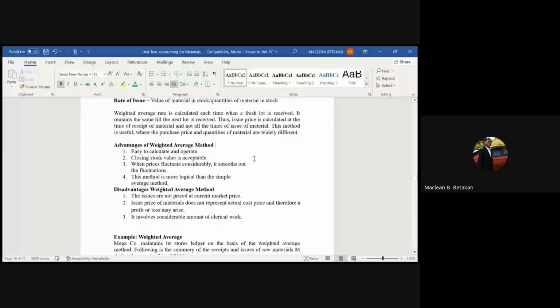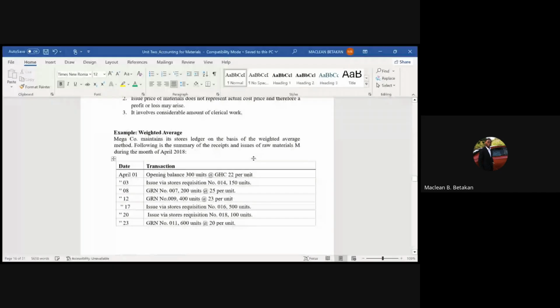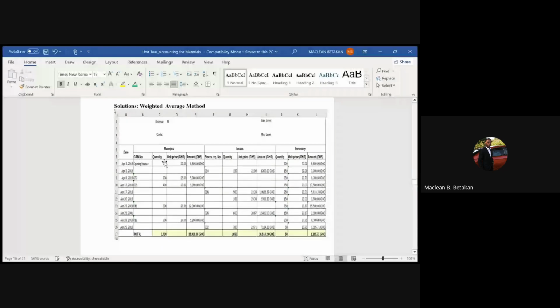So that is weighted average. So let's go through the same figures, the same question. Now, the opening balance is 300. Though if you are going to issue out 150, you just say 6,600 divided by 300.